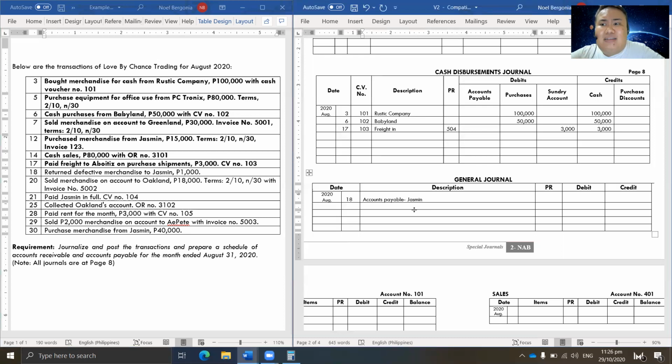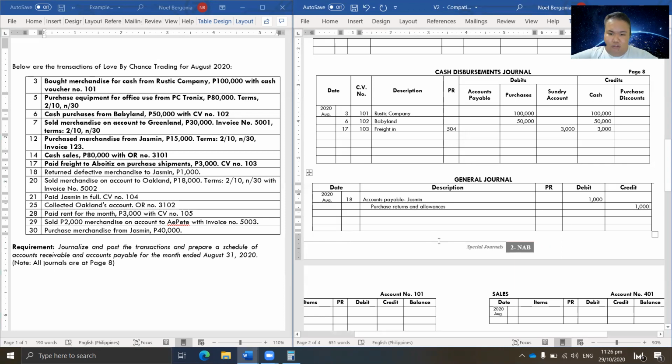Kasi nabawasan yung utang natin. Okay, so wala muna PR. Magkano yon? 1,000. Okay, and what's the credited account? That would be purchase returns and allowances. Okay? So also, 1,000 pesos.